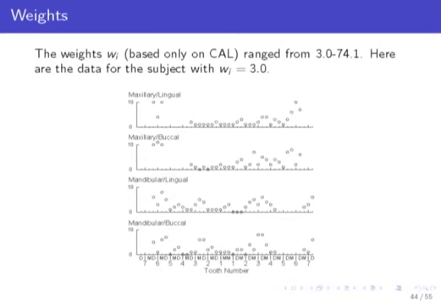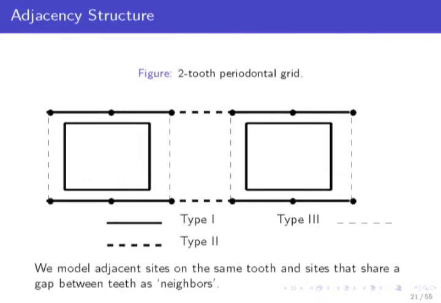And then the D and M, the ones that are numbered here, denote the distal and the mesial. Let me explain what those are. If you consider this particular picture, for this particular site I have numbered 1. This is the distal, this is the mesial.